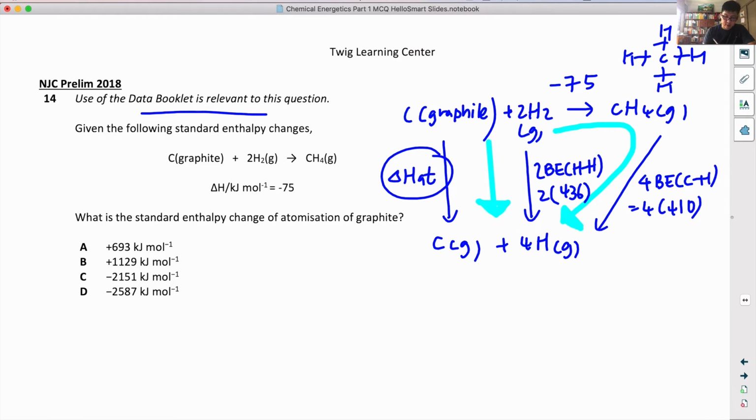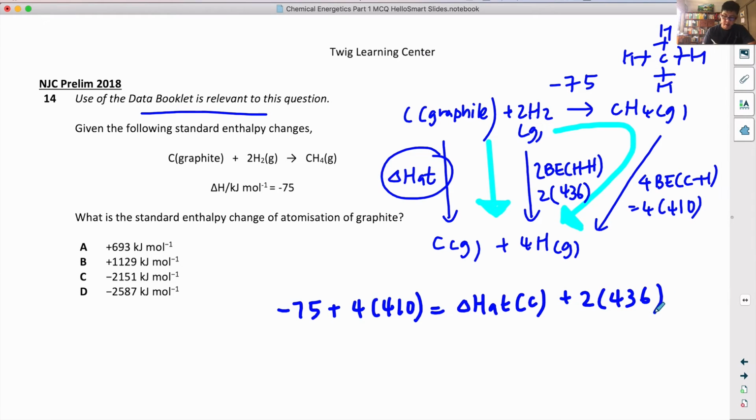Clockwise is minus 75 plus 4 times 410. Anti-clockwise is atomization of graphite plus 2 times 436. You just have to play around and press your calculator.